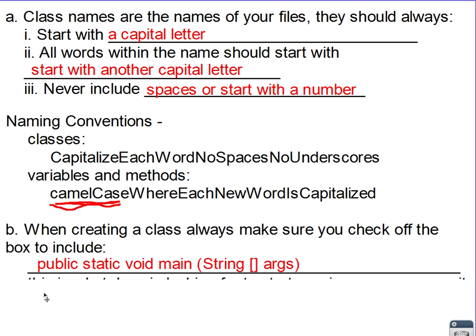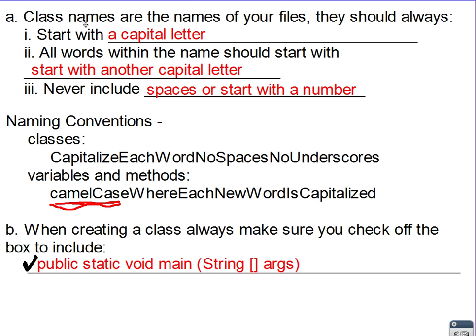And one thing, when you are creating a new class, you're going to be prompted with a little screen. You always want to make sure that you check off the little box next to where it says include public static void main. There's nothing else that you need to change other than typing in the name of the class, and make sure that you check off that you want to include public static void main.